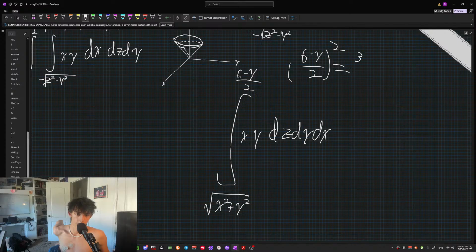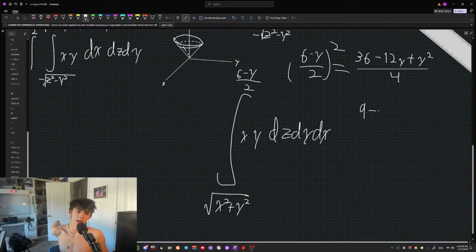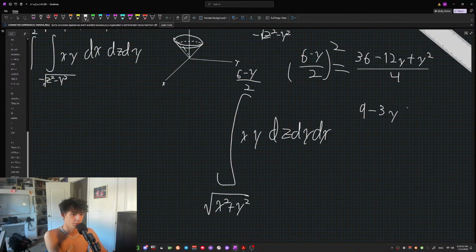We have 36 minus 12y plus y squared all over 4. 36 divided by 2 is 18, divided by 2 again is 9. So we have 9 minus 12y divided by 4. That's 3y plus y squared.